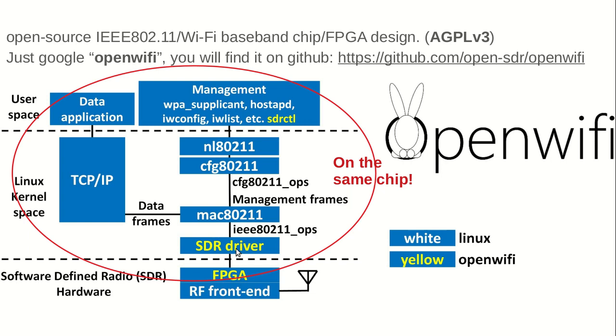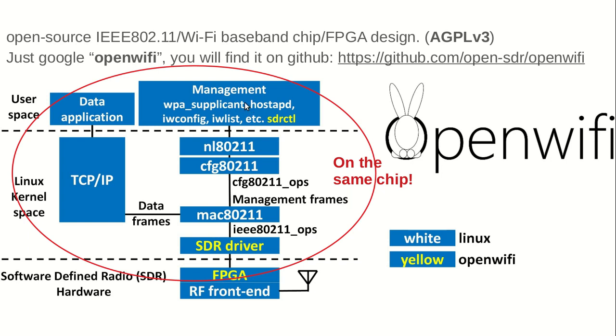We also released our driver in Linux to encapsulate our design towards Linux predefined APIs. We also released a small user space tool to set our Wi-Fi card, read status from our Wi-Fi card, and access some unique features in our Wi-Fi card.